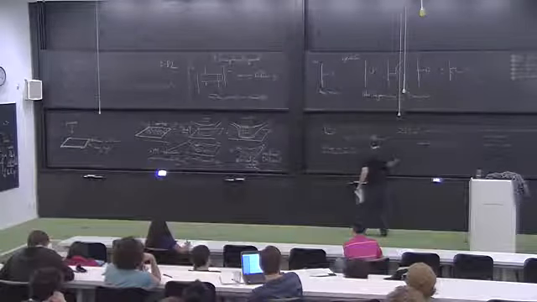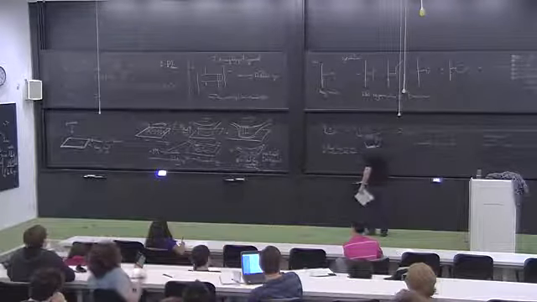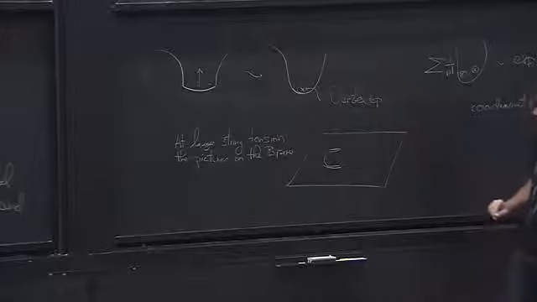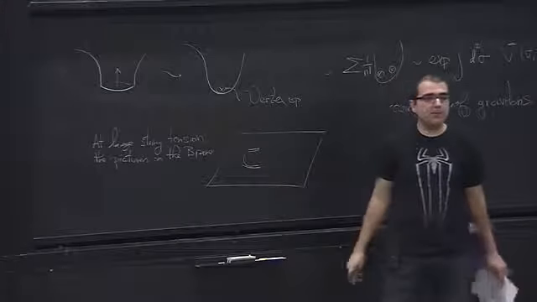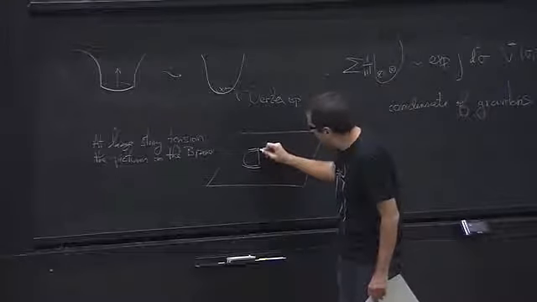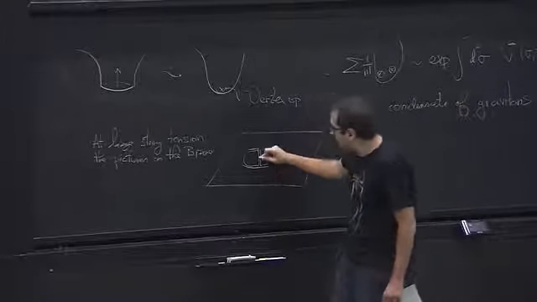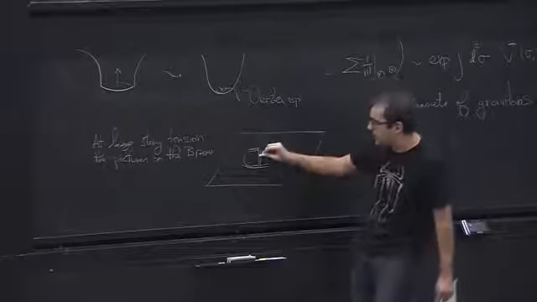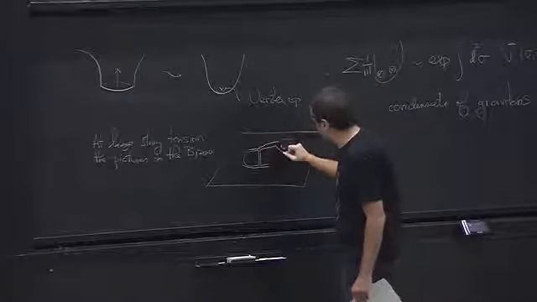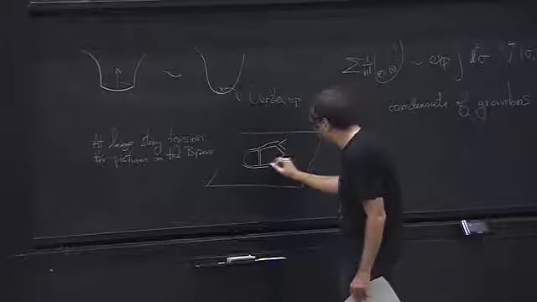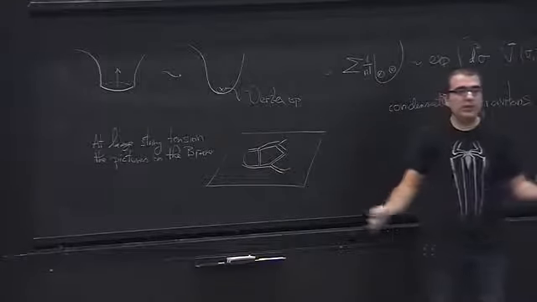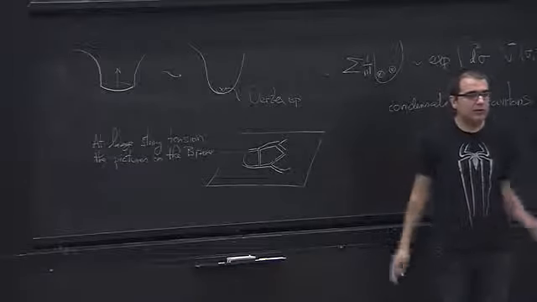If I just draw the endpoints of the string on the brane, I will have, say, a piece of string like this, which looks like our fat propagators that we had before. And then these strings could interact with each other and exchange some other open string, and the two endpoints of the open string are very close because the string is stretched. And then these strings can propagate further, and these open strings can split into two, and so on and so forth. And you see that we start reconstructing exactly the diagrams that we had in our non-abelian gauge theories when we were starting to draw our planar diagrams.